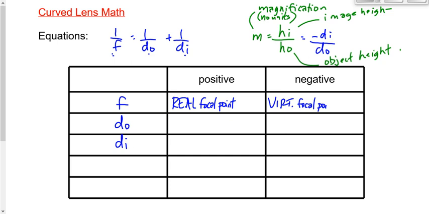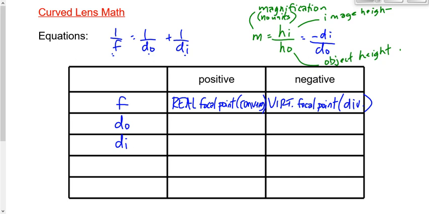Now, when do we have a real focal point? When we have a converging lens. Converging lenses cause rays that are parallel to the principal axis to converge at the focal point. So it's a real focal point. A virtual focal point exists on a diverging lens, because the rays don't really converge at the focal point.